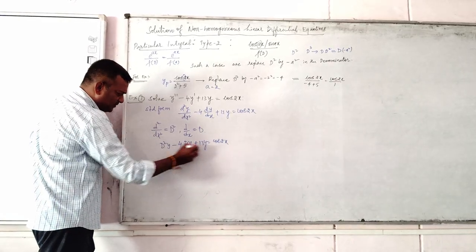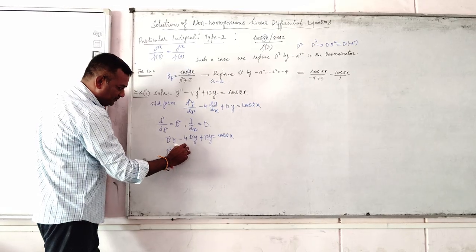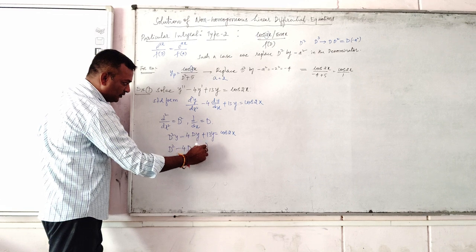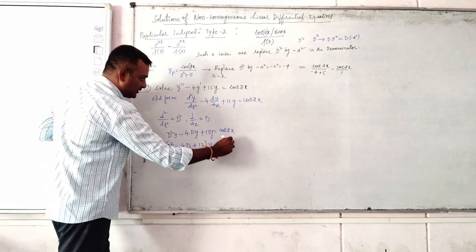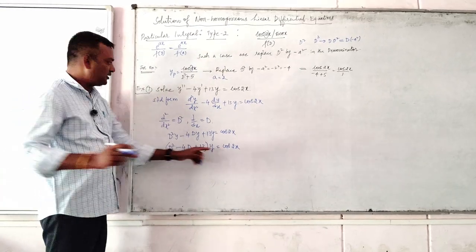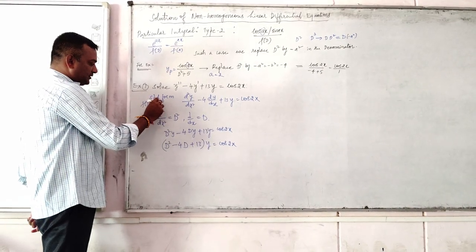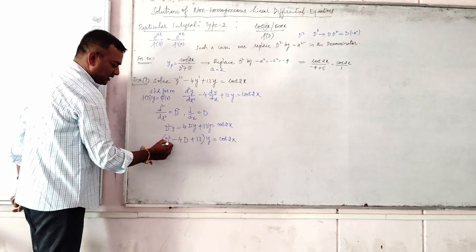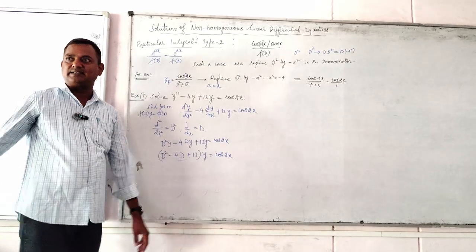In these three terms, we take y common: D square minus 4D plus 13 into y is equal to cos 2x. So it is called standard form, isn't it? Function of D into y is equal to phi of x is the standard form.